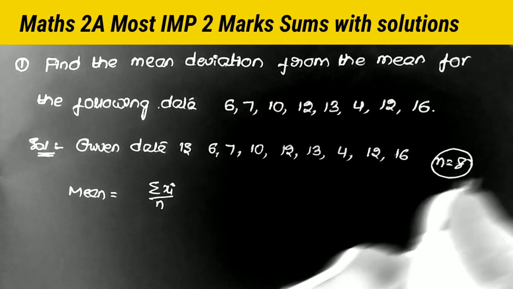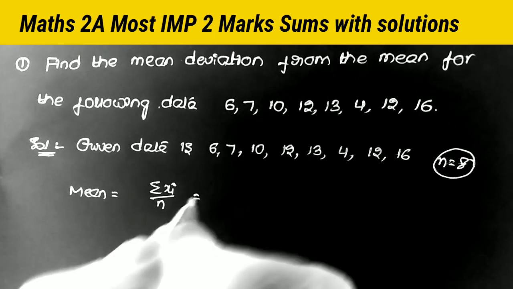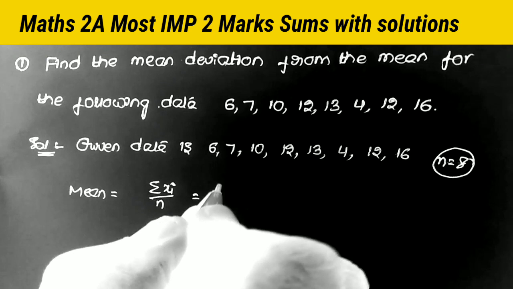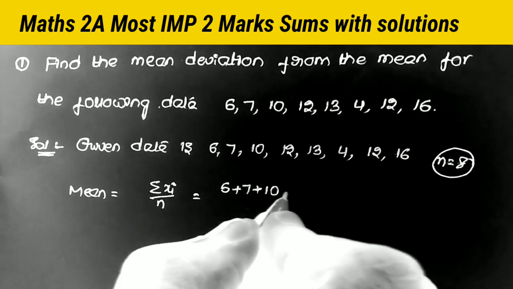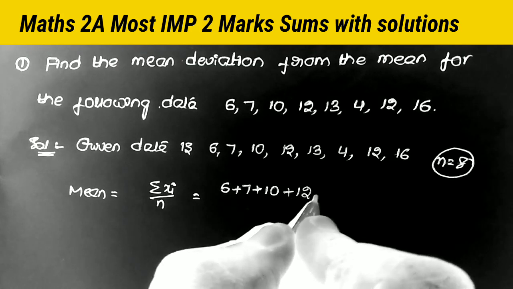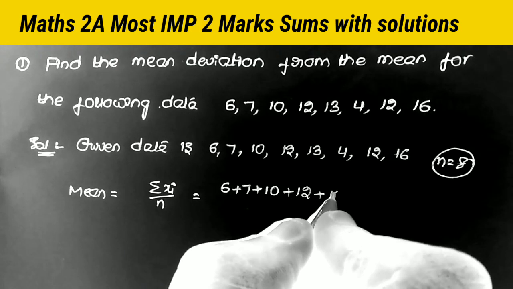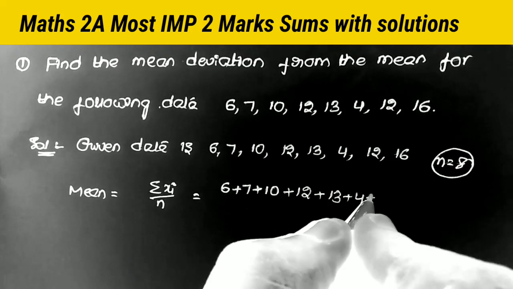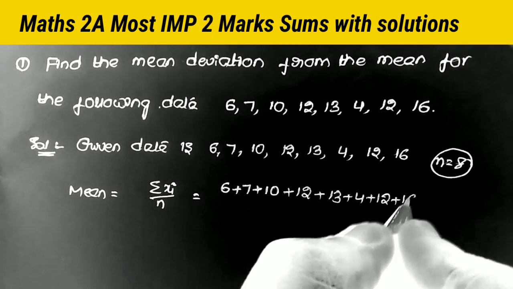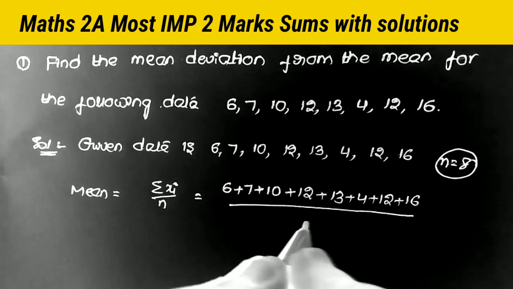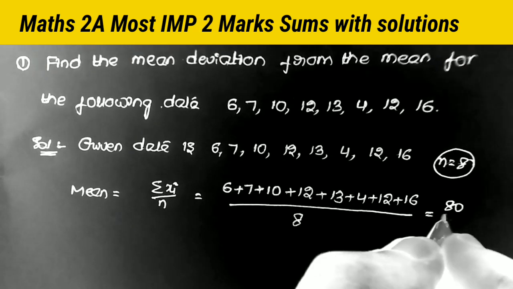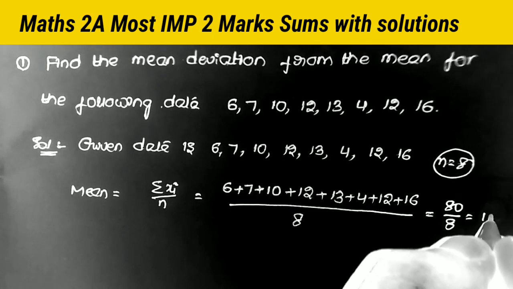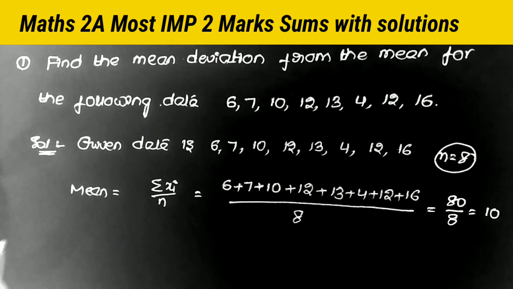Adding all the observations, 6 plus 7 plus 10 plus 12 plus 13 plus 4 plus 12 plus 16, divided by 8, we get 80 by 8, which is equal to 10. Therefore the mean value is 10.